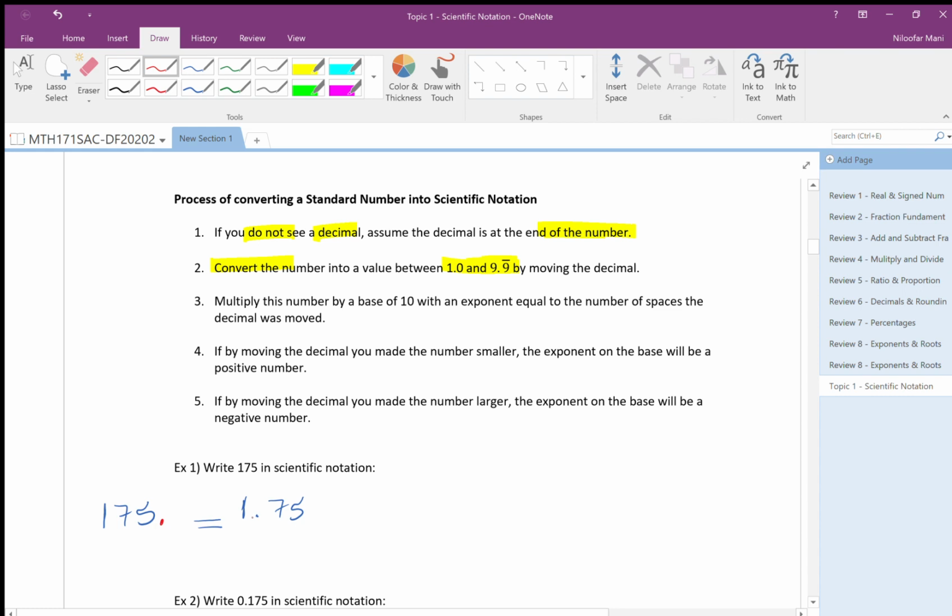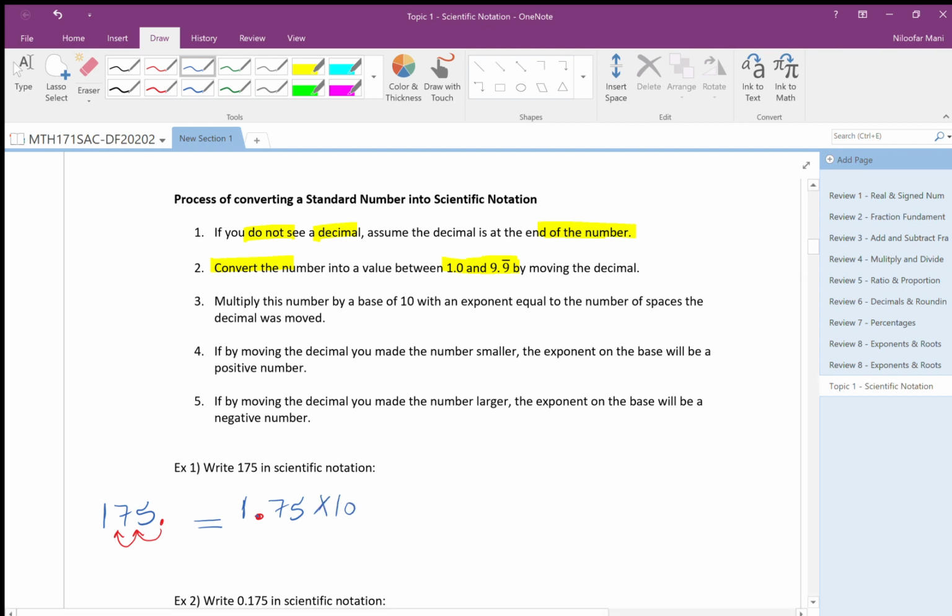It means I moved my decimal 2 places to the left. Then multiply the number beside with 10 power exactly the same as that move that you had. So you put 10 power here.